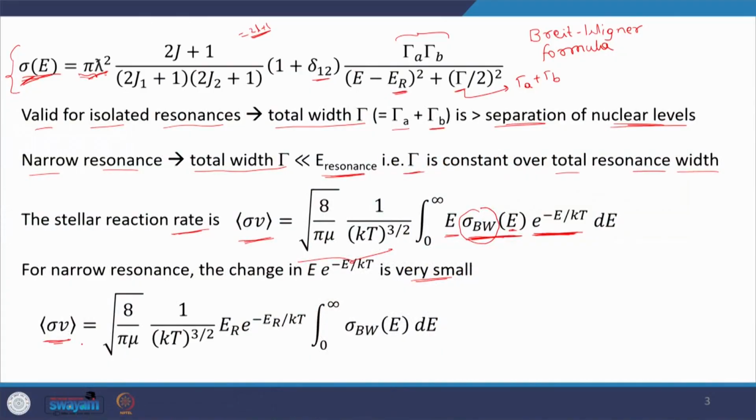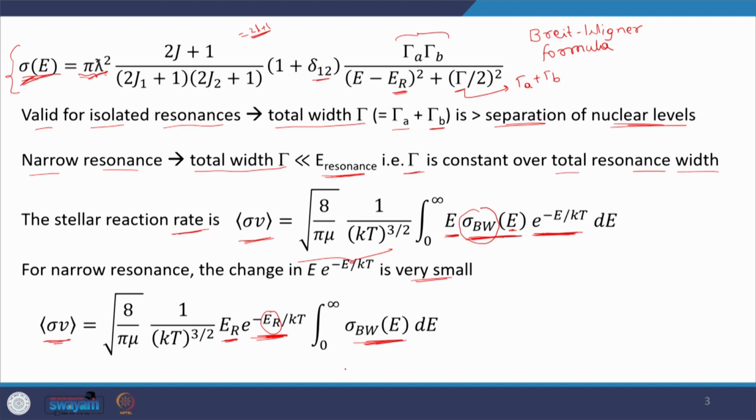Then the reaction rate can be represented by this equation, where the energy is also taken out, because we are dealing with a resonant reaction. This e to the power of minus E by kT at ER is constant, so it can be taken outside, and the Breit-Wigner formula is inside this integral.